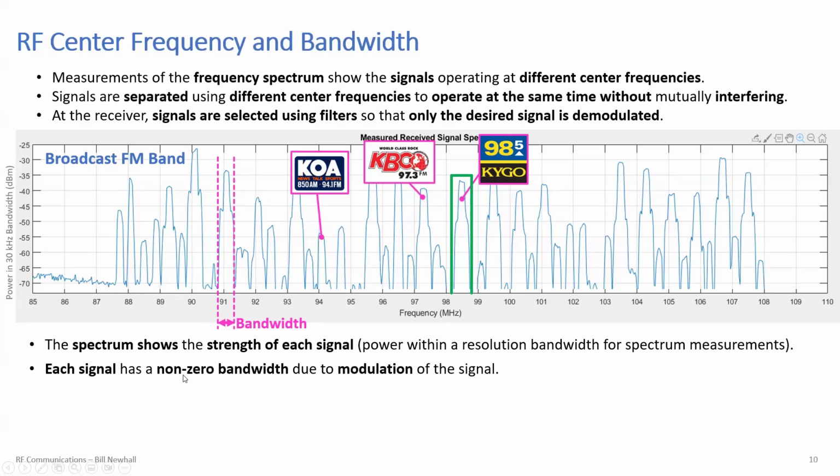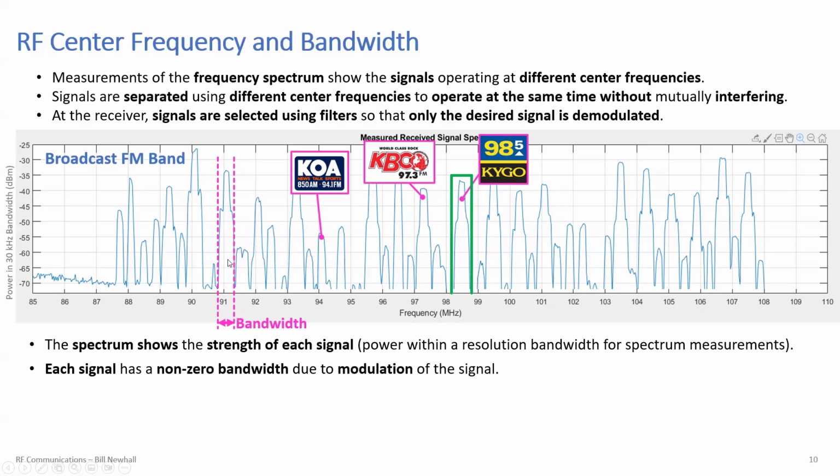Okay, so each signal has a non-zero bandwidth due to modulation of the signal. If you take the Fourier transform of a sinusoid, you get a delta function. It's just infinitely narrow and infinitely tall, but when you modulate a signal, you actually get a non-zero bandwidth.